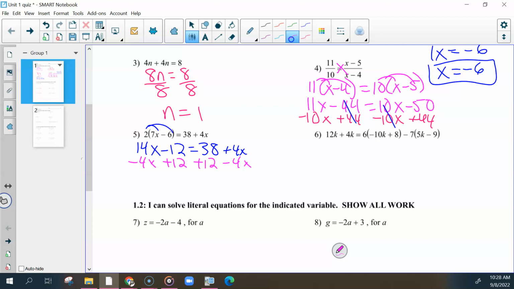If you made this positive by accident, then the rest of that kind of messed up, because then you subtracted 12 and got something else. So be very careful. This would have given us 10x equals 50. And then again, make sure you're showing all of your work. This would have been positive 5 as your final answer.